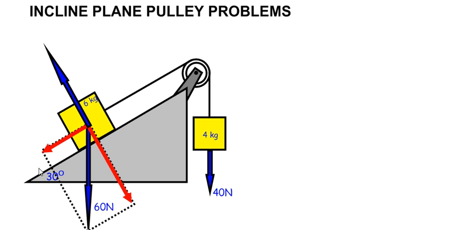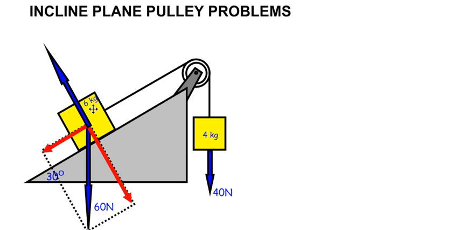Now, since the block will only slide up or down, we haven't decided which yet, the normal reaction force must be equal to the component of the weight acting perpendicular to the slope. So there is no net force along this direction.